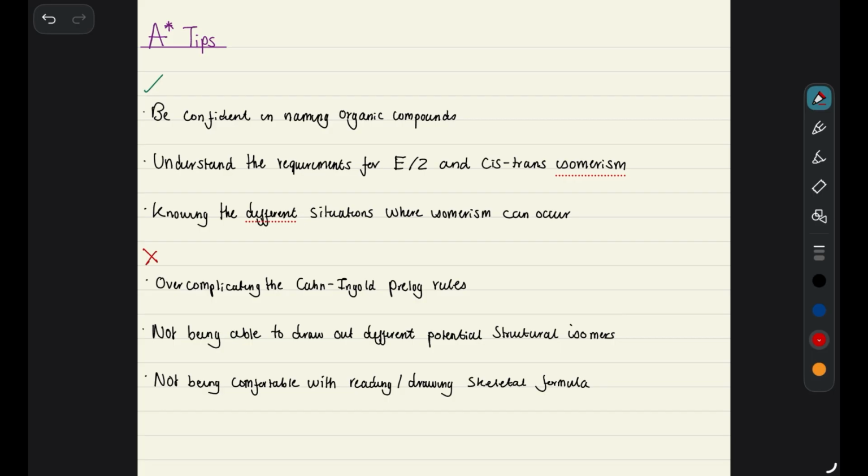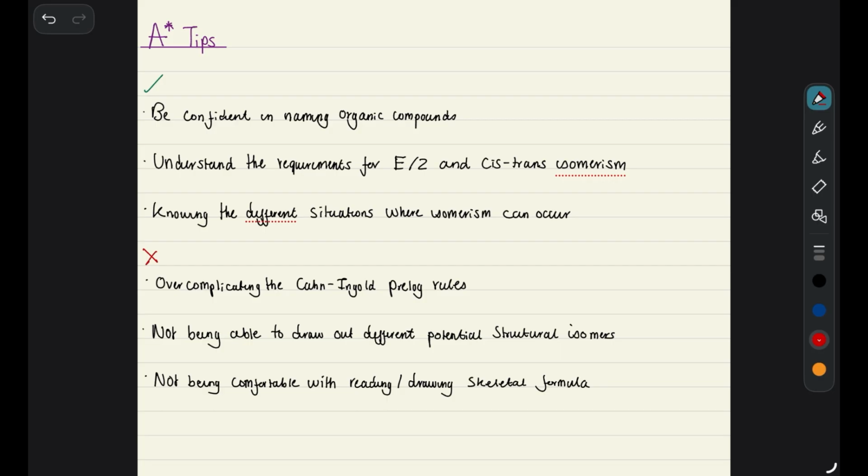And then the different potential structural isomers, like we did with the hexane in this video, you need to be able to do that with any compound that they give you. So very useful to know how to do that, and I think you can just practice it really. And then skeletal formula becomes really important all throughout your chemistry course. Especially now that you've just started organic chemistry, I would be very focused on making sure that you can do skeletal formula well.